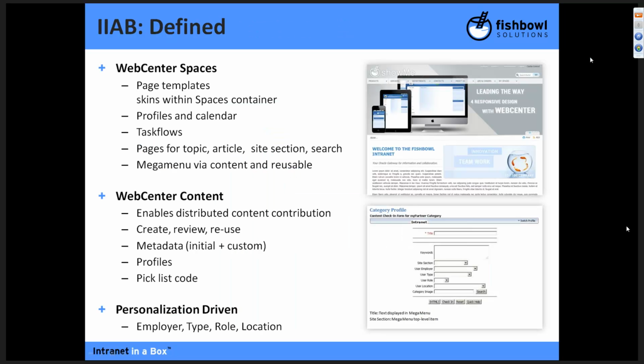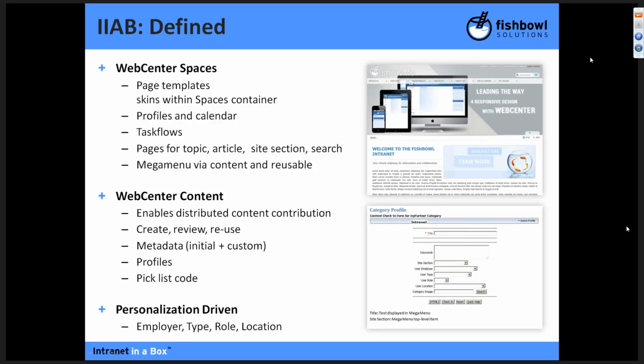So what is Internet-in-a-Box defined? It is basically 3 major components, one of which is WebCenter Spaces. It sits on top of the WebCenter Spaces portal container, and it's got a bunch of page templates and skins that drive that Spaces container and are reusable across multiple sites, profiles and calendars that are used out of the box, task flows that help drive content relationships, pages for topics, articles, site sections and search, as well as custom pages that you, the customer, might help drive during your initial scoping engagement.